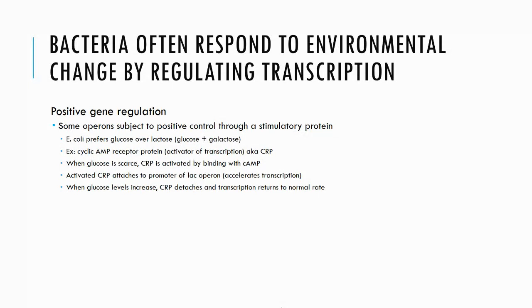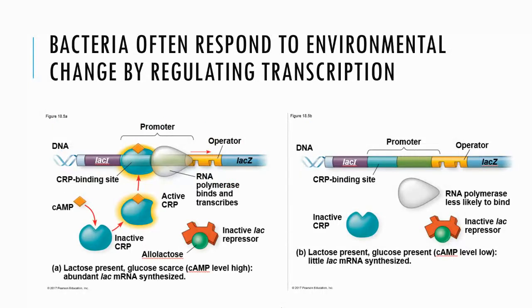And then as glucose levels increase, the CRP detaches and transcription returns to the normal rate. So that would be an example of positive gene regulation, which you can see a picture of here. So with the lac operon, that has two different things that can increase or decrease transcription.